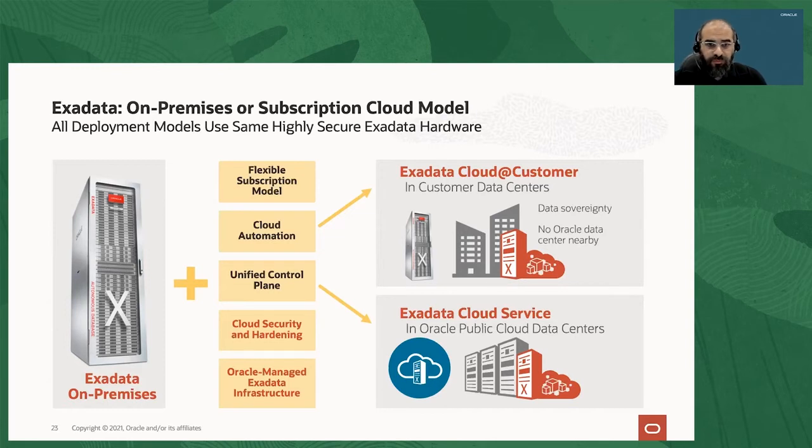If you don't want to move to public cloud, or you don't have an Oracle data center nearby, or you want for several reasons to keep your data under your jurisdiction in your own premises, that's cloud at customer. The benefit of your cloud without moving from your premises. Now, the cloud service is Exadata in our cloud as well. So it's in our public cloud and our public data centers.